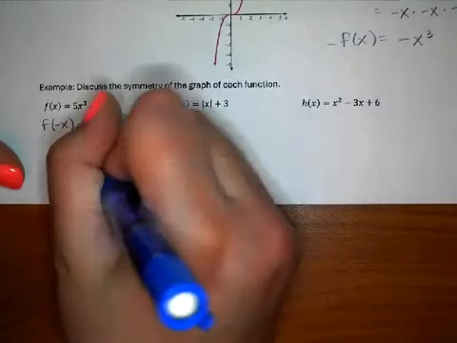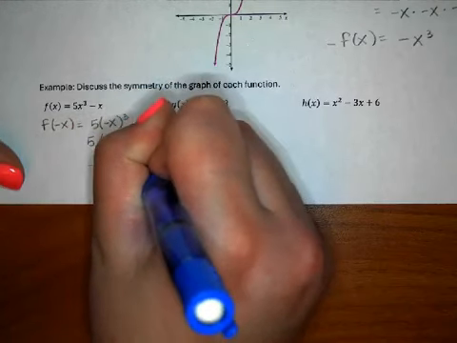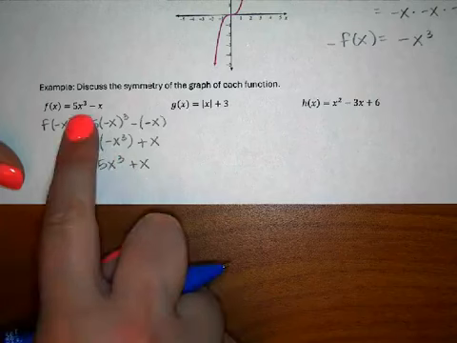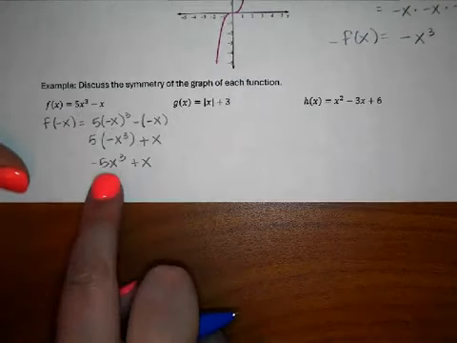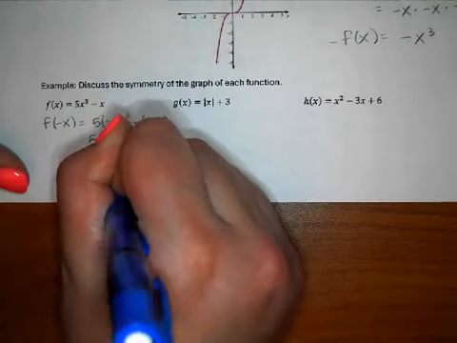And if I compare this to the original problem, I could factor out a negative, and then I see that if I take out a negative, it's the exact same as the original problem.